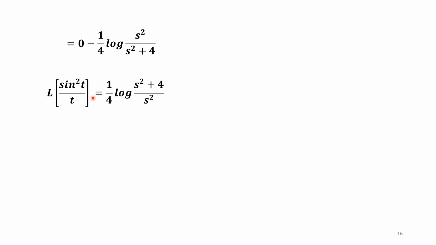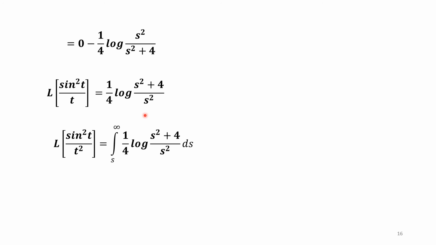So now we will calculate L of sine square t upon t square, which means that this has to be integrated again with respect to s between the limits s and infinity. So L of sine square t by t square is the integration from s to infinity of 1 by 4 log of (s square plus 4 upon s square) ds.